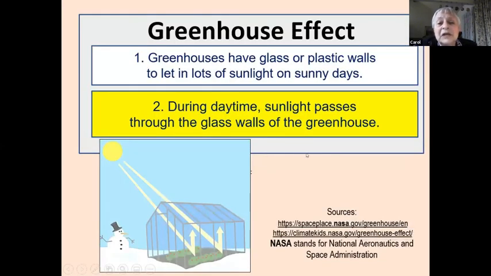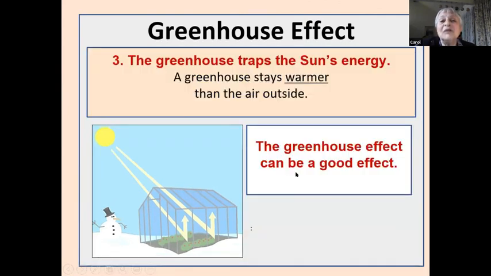A bit about the greenhouse effect. There are an awful lot of greenhouses in Western Michigan around Grand Rapids. Greenhouses have glass walls. They let in lots of sunlight on a sunny day. During the daytime, the sunlight goes through the glass walls. And the important thing is that the greenhouse traps the sun's energy.